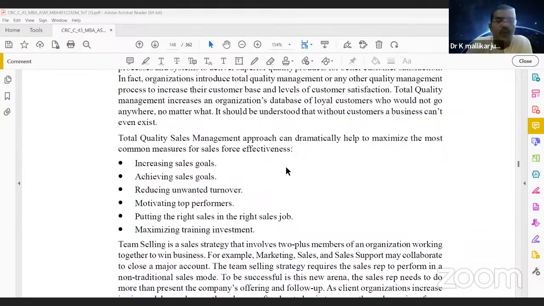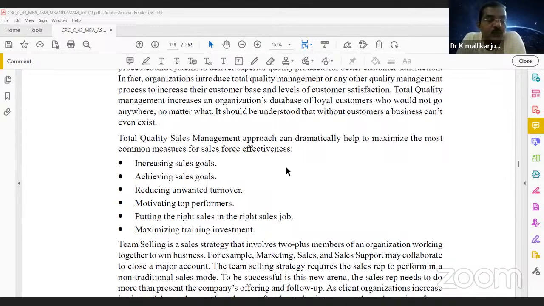The TQM, total quality sales management approach, can be discussed like this. It helps to maximize the most common measures for sales force effectiveness: increasing and achieving the sales goals, and reducing unwanted turnover. Those who are not giving profitability can be reduced.